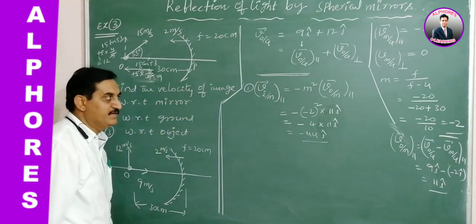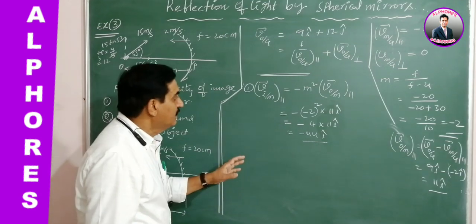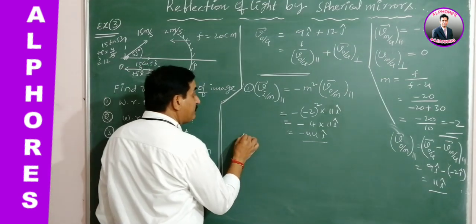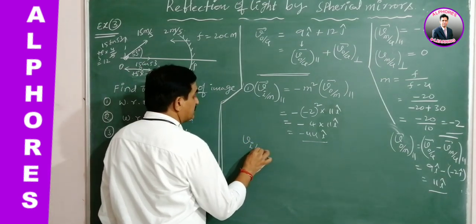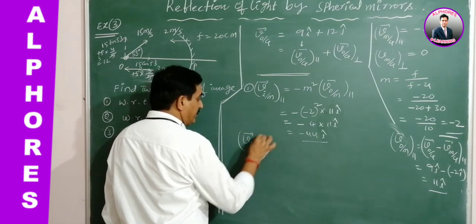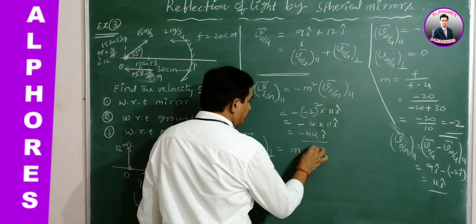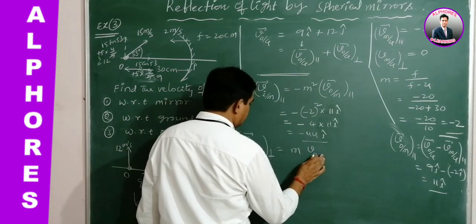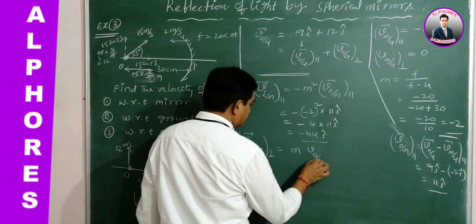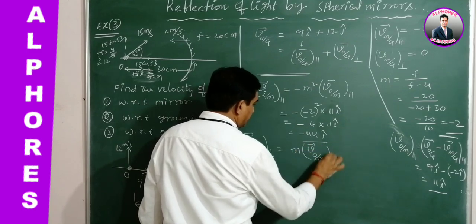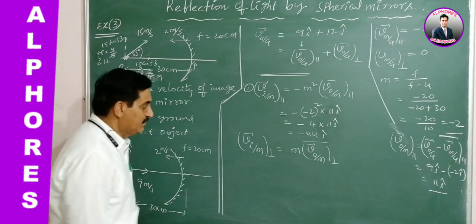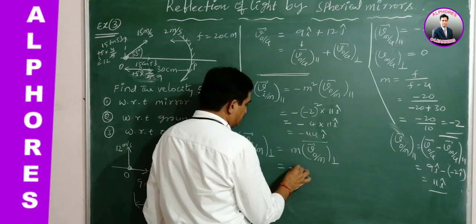This is the velocity of image with respect to mirror along the principal axis. Perpendicular to the principal axis, velocity of image with respect to mirror is equal to m into velocity of object with respect to mirror, perpendicular component. Here m is minus 2.